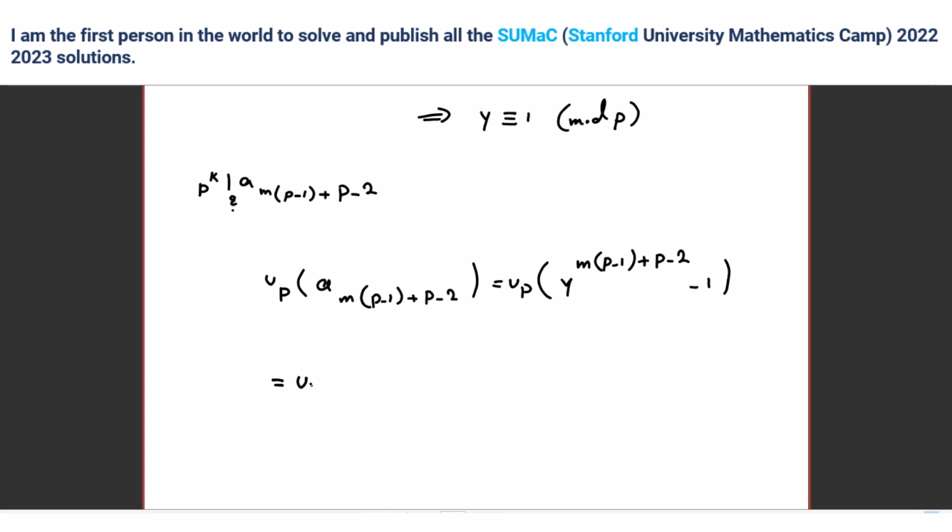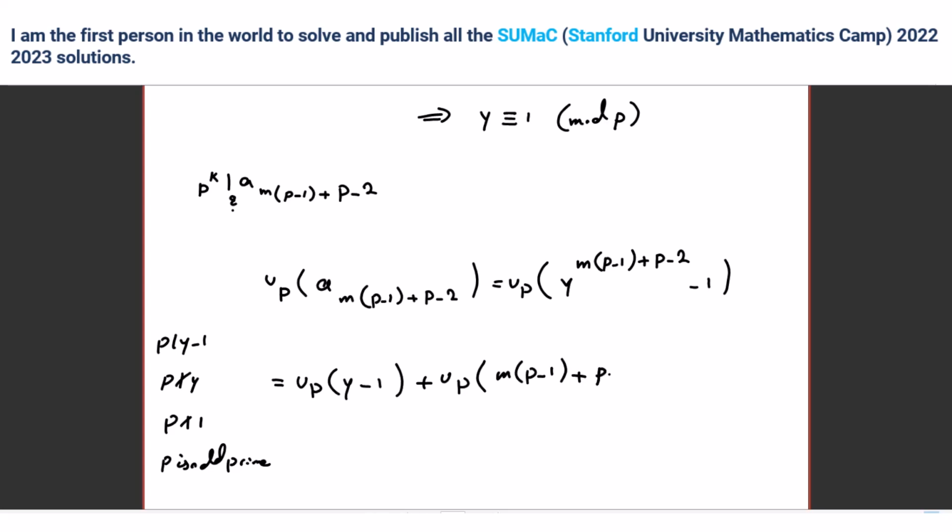Then it would be VP of y minus 1, and we know that p divides y minus 1, p doesn't divide y, p doesn't divide 1, p is an odd prime, so it satisfies all conditions. So VP of y minus 1 plus p of m times p minus 1 plus p minus 2, right?